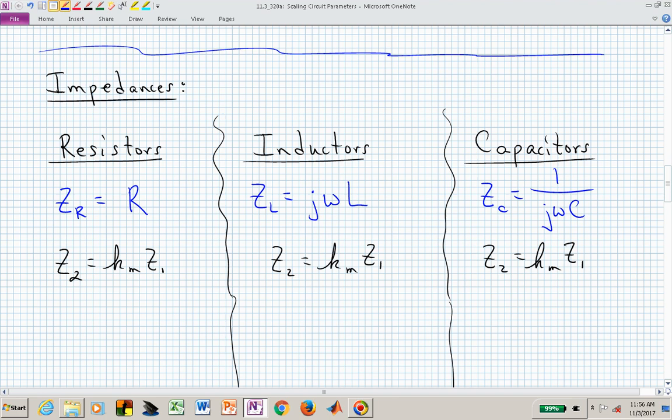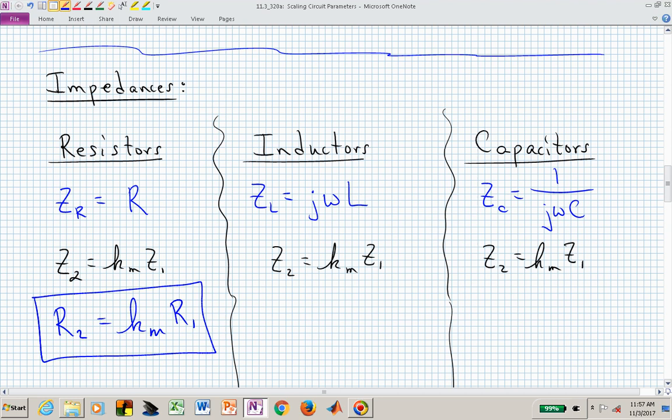In our case, then, we're saying that R sub 2 is going to be k sub m R sub 1, and there is now our relationship between old and new, or initial and final, if we magnitude scale a resistor.